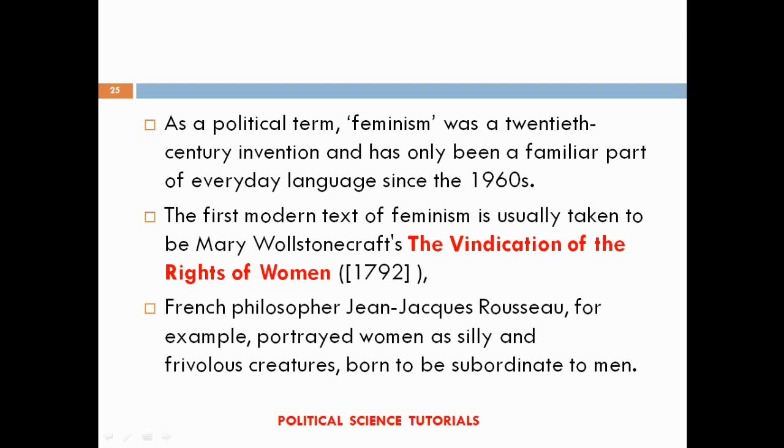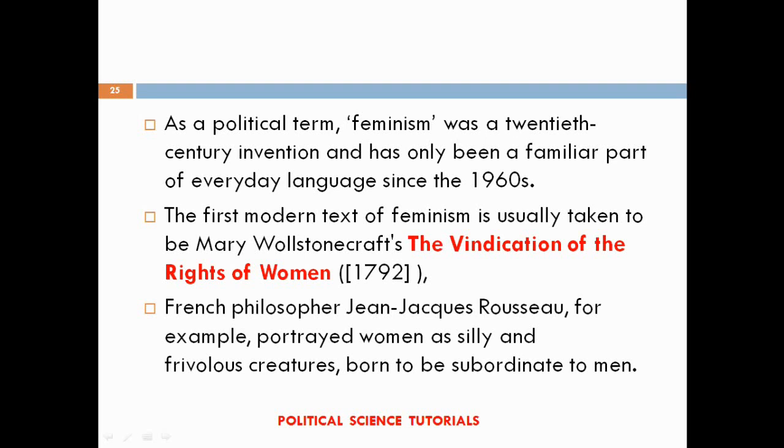Female intellectuals of the Enlightenment were quick to point out this lack of inclusivity and the limited scope of reformist rhetoric about liberty, equality and natural rights being applied to both sexes. Olympe de Gouges, a playwright, and Wollstonecraft, the author of the book The Vindication of the Rights of Women, were prominent among them.